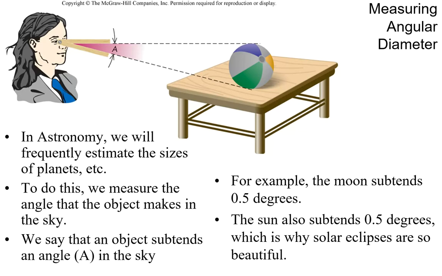And so if you have an eclipse that occurs in January, when we are closer to the sun, then the sun's going to make a slightly bigger angle. And so, for instance, if the moon passes between the Earth and the sun, the moon is probably not going to block out all of the sun.